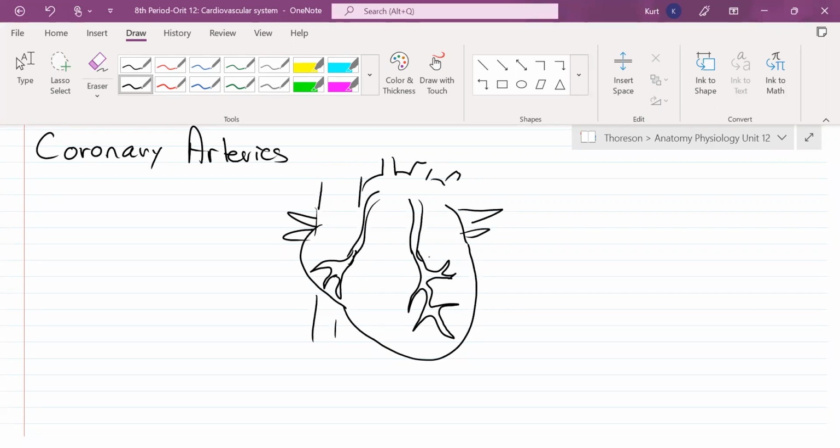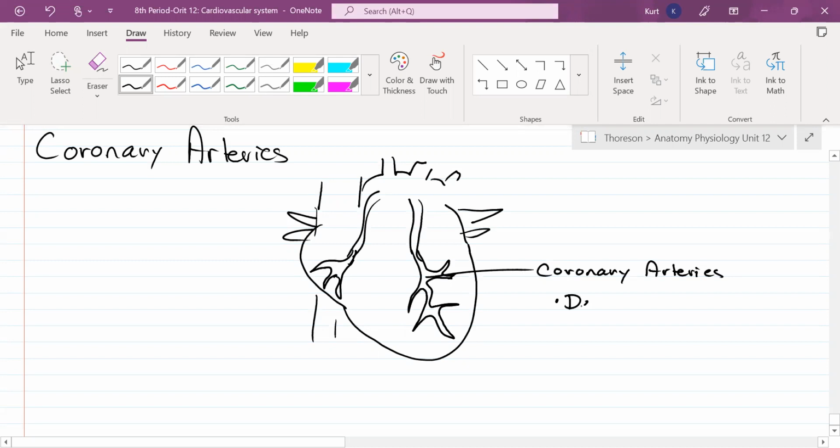The inside of your heart is the pump, but the surface, especially the middle layer, the myocardium, it needs blood. These blood vessels are called coronary arteries. And you also have coronary veins that return it to your heart. But these blood vessels deliver O2, which is oxygen, to heart tissue.